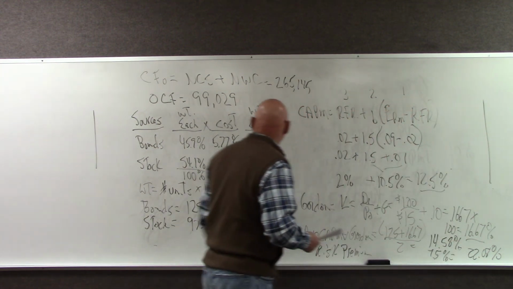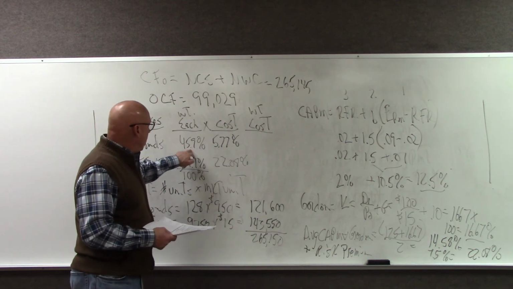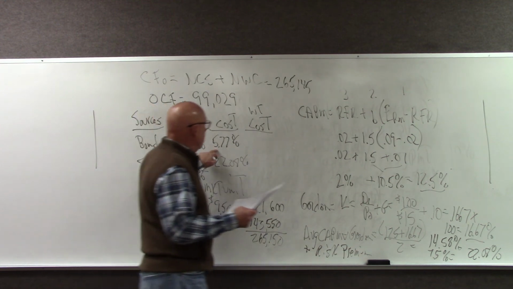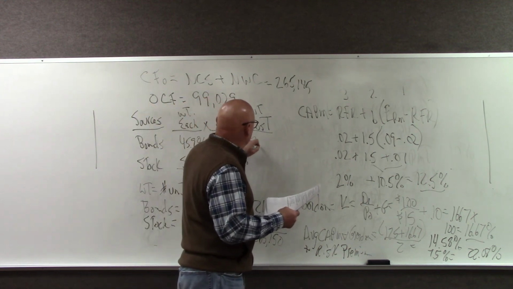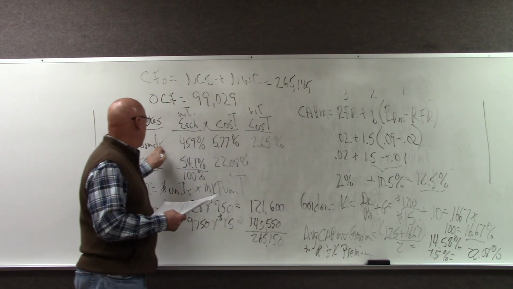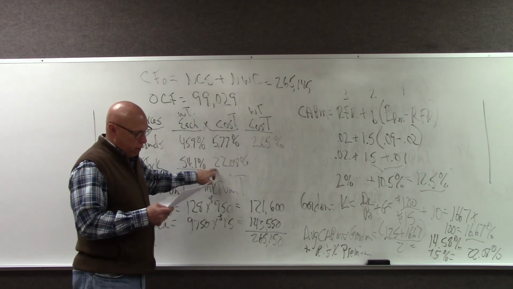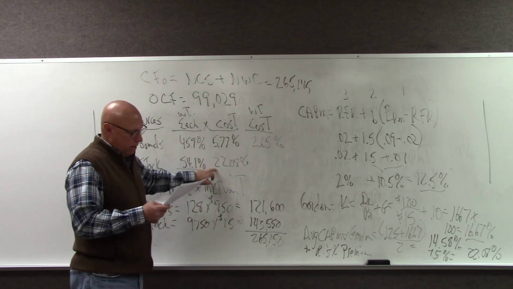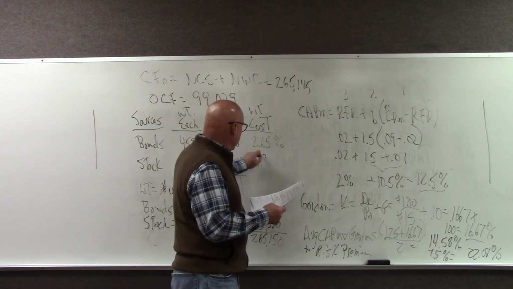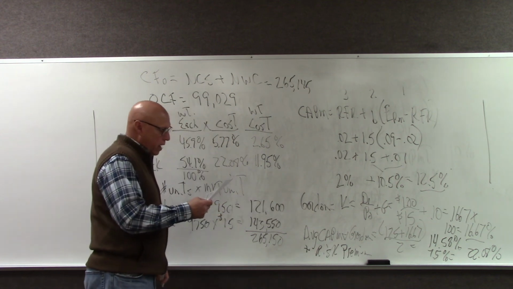So, now, to finish up this part of it. So we're going to multiply 45.9% times 5.77%, and we get 2.65%. That's the weighted cost of bonds. Then we're going to multiply 54.1% times 22.08%, okay, and we get 11.95%, and that's the weighted cost of equity.